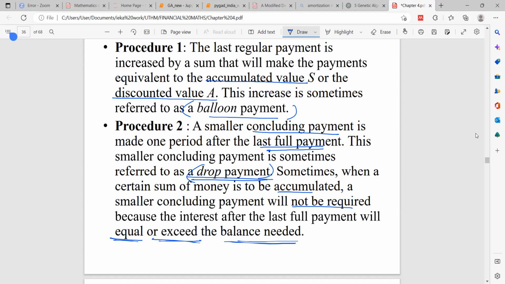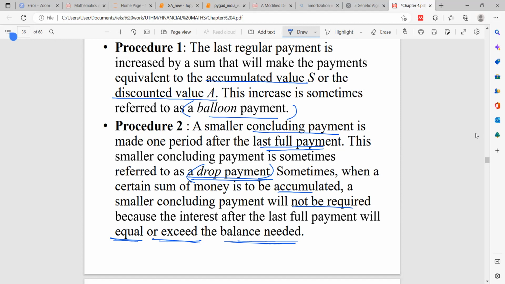Maksudnya habiskan semua and then ada last payment, ada small value yang kita kena bayar untuk selesaikan hutang kita. Tapi selalunya dia kata certain sum of money to be accumulated and then selalunya smaller concluding payment will not be required because the interest after the last full payment will equal or exceed the balance needed.